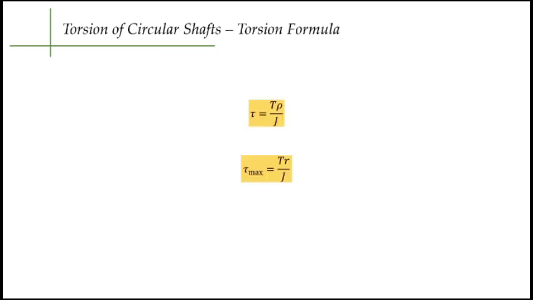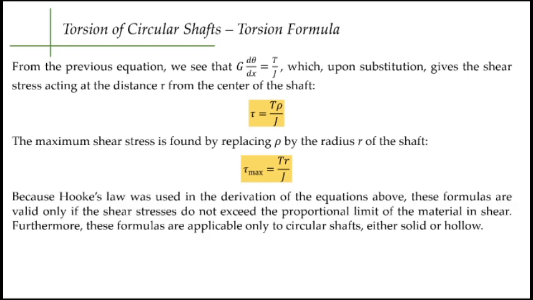Okay, now we have already derived the torque angle relationship. It means that because of the applied torque, because of the applied twisting force, your material moves at a certain angle.